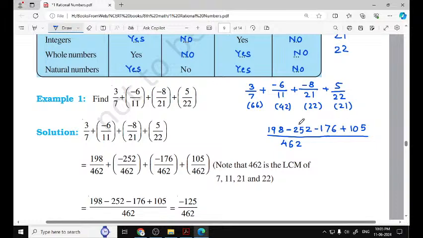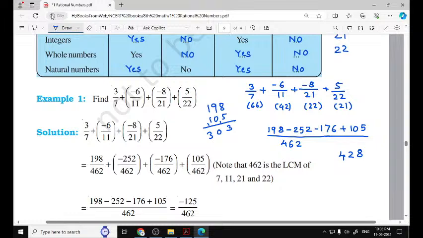Now these are positive and these are negative. Let us add them separately. 198 plus 105. This is 303. And let us add these numbers. They are 428.